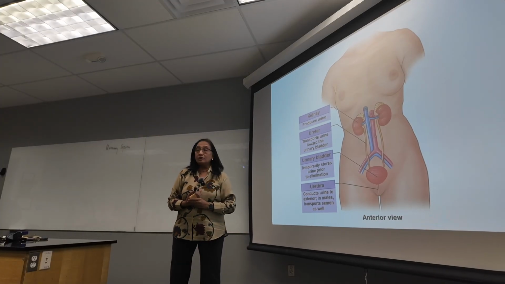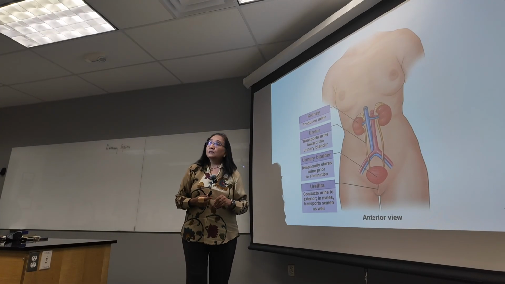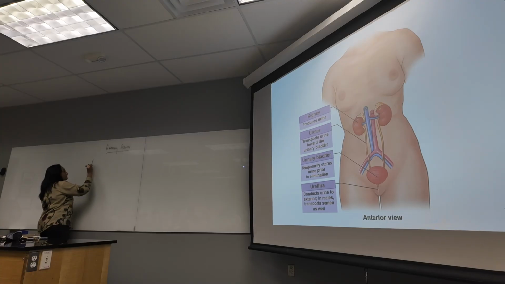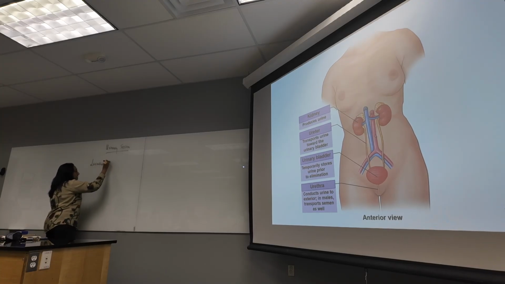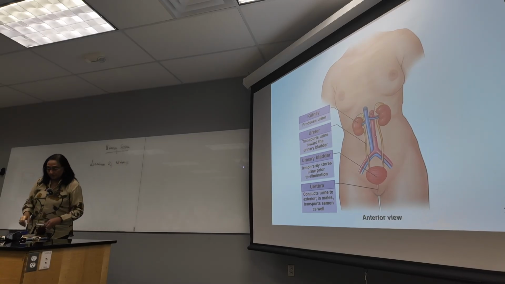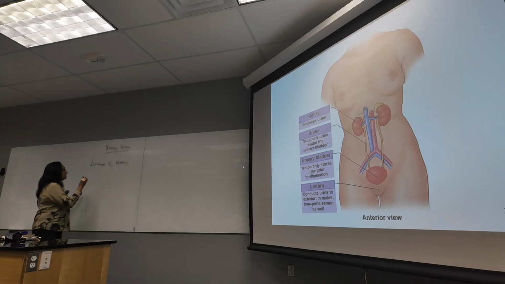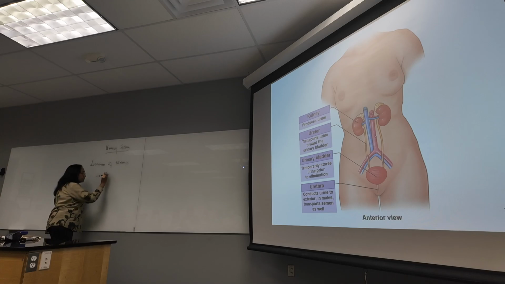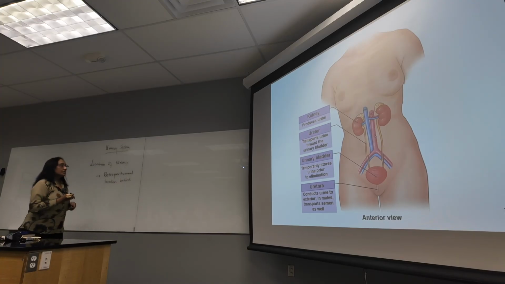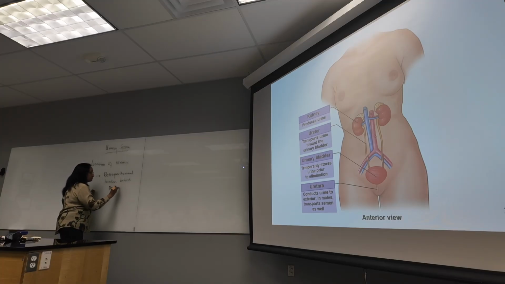Now, when you look at the location of the kidney, we always say retroperitoneal location, behind the parietal peritoneum.